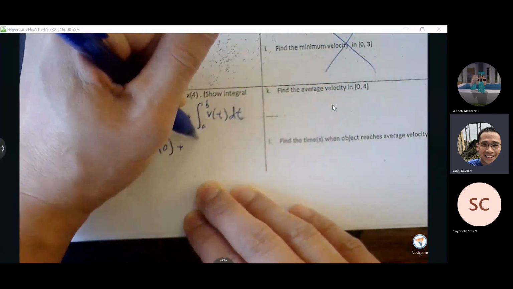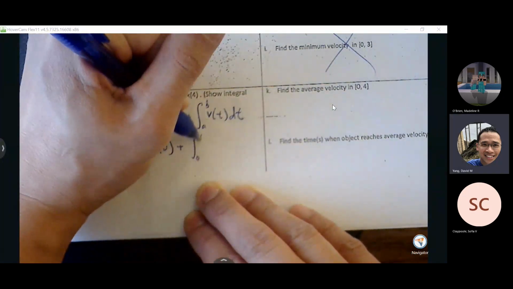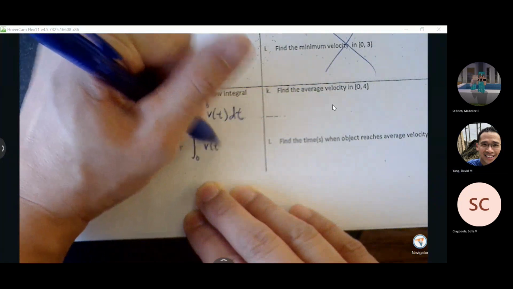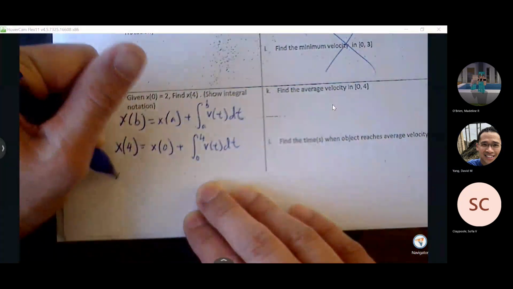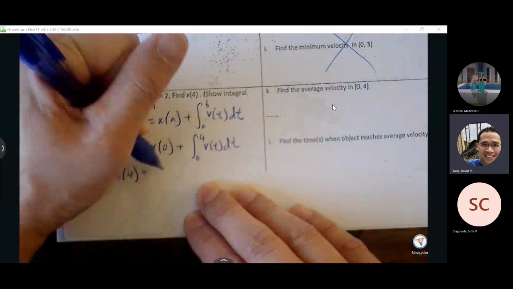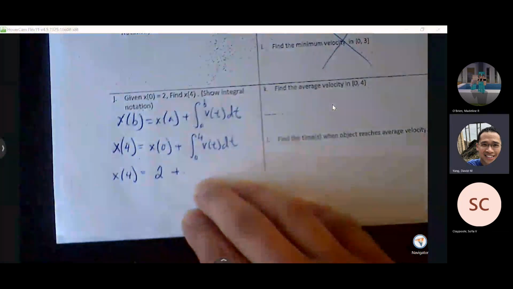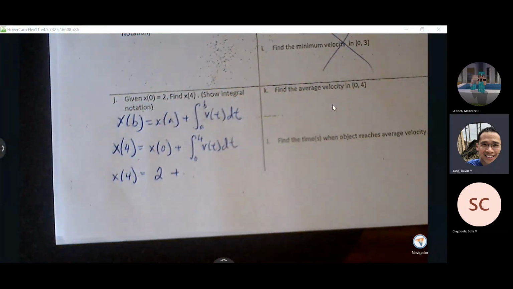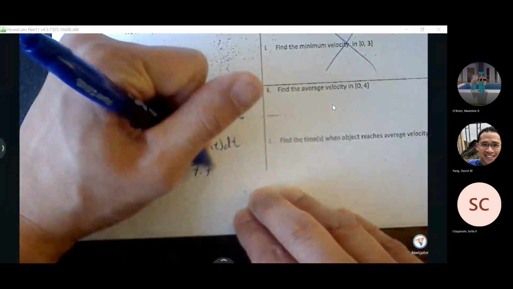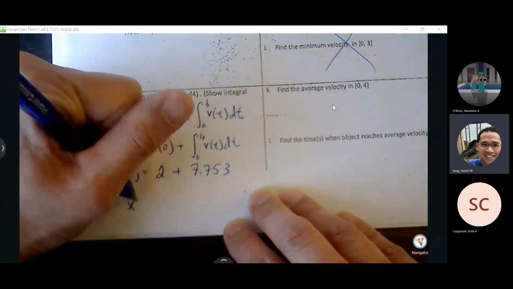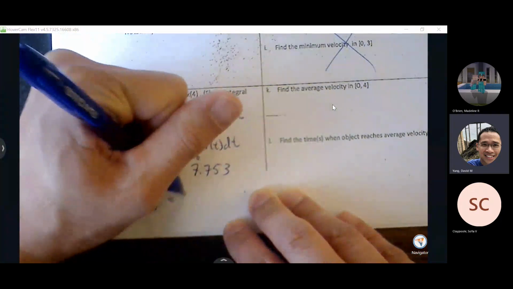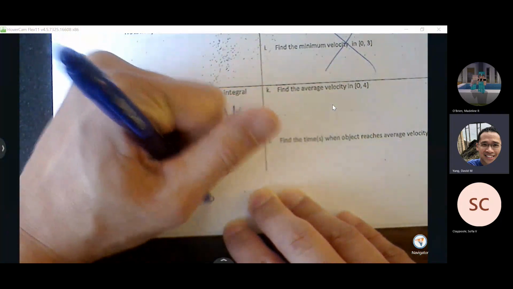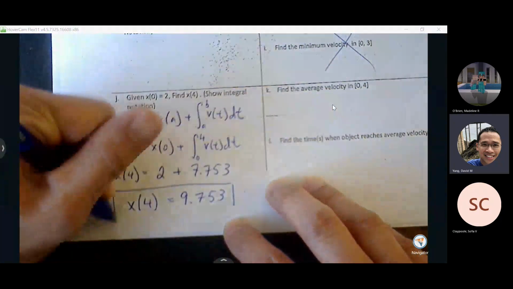And I want to know how much progress I made between these two times. So I'm starting on the x-axis at 2. And then from 0 to 4, I found that earlier, right? 7.753. So where is this object going to end up? It's going to end up at 9.753 on the x-axis.